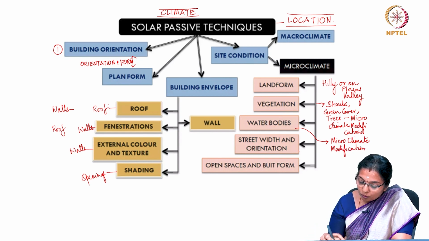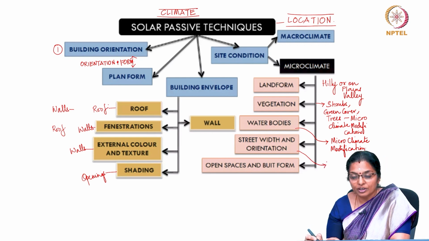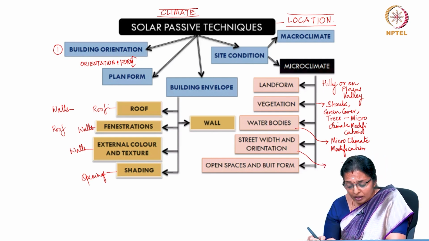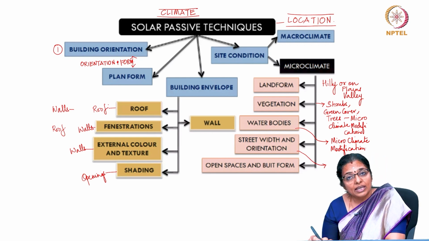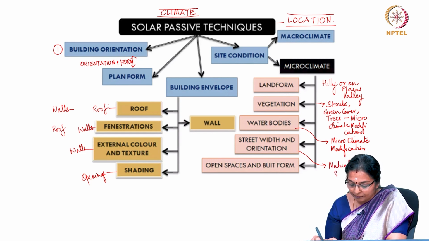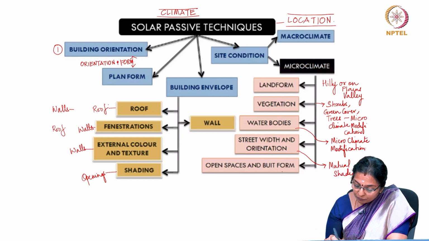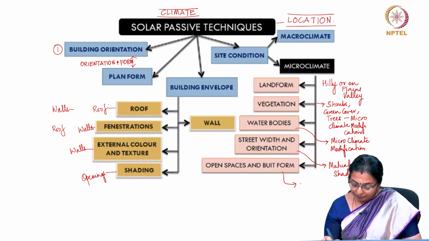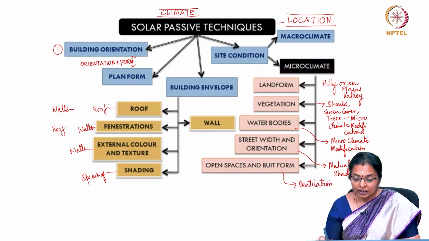Street width and orientation play a very important part, because many times the aspect ratio can influence mutual shading or otherwise. Open spaces and built form as a combination can initiate ventilation and air movement.